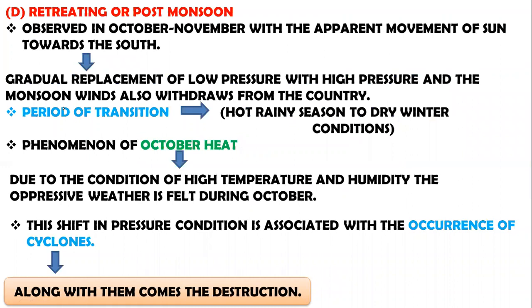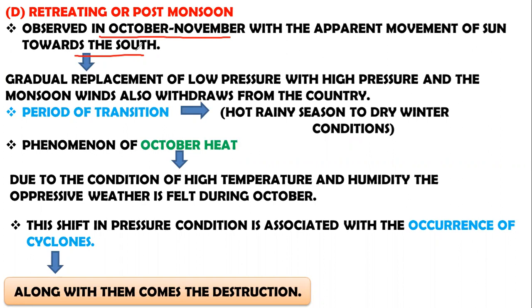Further, the last season we see is the retreating monsoon, or you can say the transition period. This transition period is observed in October and November with the apparent movement of the sun towards the south. Now the sun has moved towards the Tropic of Capricorn, or you can say due to the tilted nature of the earth, the Tropic of Capricorn is receiving more sunlight.